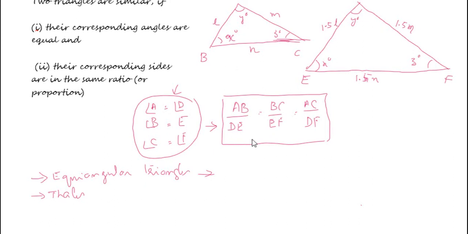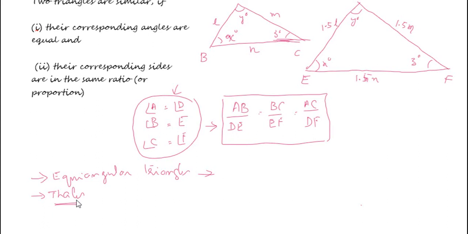That is, in these two triangles, if the corresponding angles are equal, automatically the ratio of the sides is equal. So for these two triangles to be similar, this is not an AND condition, that their corresponding angles are equal and their corresponding sides in the same ratio. No, if just one condition is satisfied, that is their corresponding angles are equal, then the second condition is automatically satisfied. This was shown by Thales, the Greek mathematician.